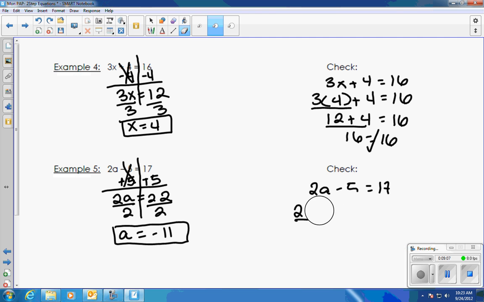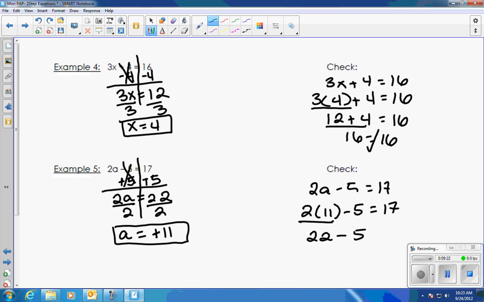And notice I checked it, so I caught it. 22 divided by 2 is a positive 11. I don't know what I was thinking. So let's try that again. 2 times 11 is 22. And when I do 22 minus 5, that's where my 17 comes from. So that's just a prime example of why doing a check is such a good idea.